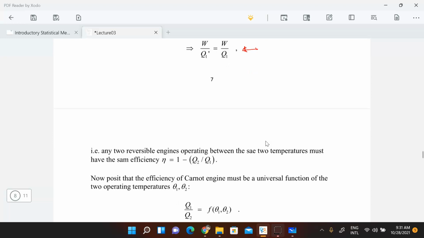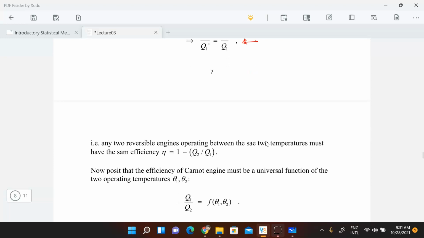Some mistake there. Everything done in a rush. Okay, so now what do we say? Since the efficiency is going to be the same for all Carnot engines, this function must be a universal function.